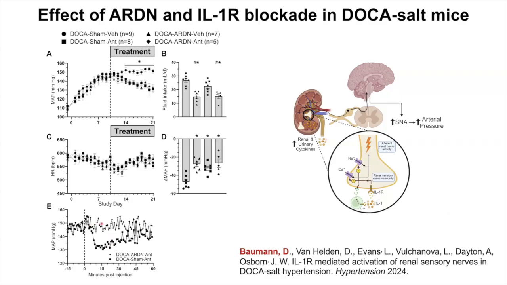But this group here, these are animals that do not have afferent renal nerves. We performed the denervation. And what you see is the IL-1 antagonist won't lower blood pressure if the afferent nerves are not there. So this is all indirect, but when we put it all together, we do believe that this IL-1 signaling on the afferent renal nerves is a factor in driving the hypertension in this model.